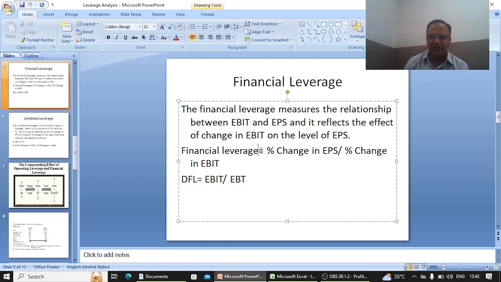And what is the effect of the riskiness? If the riskiness of the firm increases, then investors will not remain with the organization in the longer period. They will leave the organization and invest in another organization.